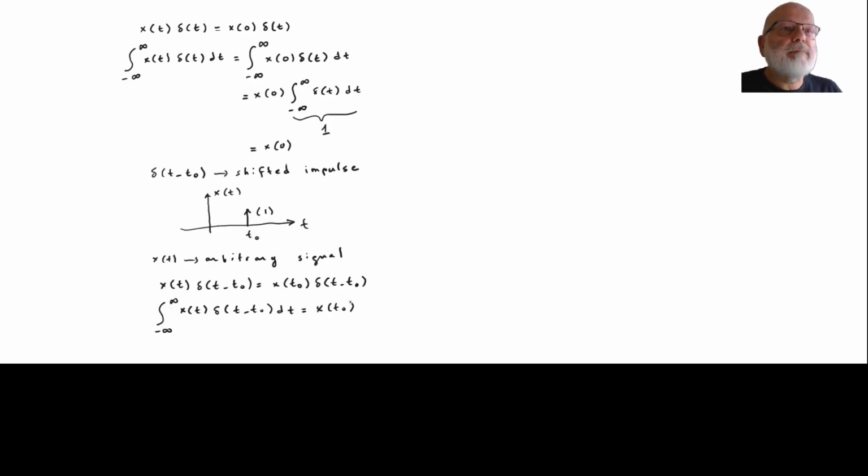And at that time instant, it has infinite magnitude, such that still the area under the singular pulse, which is named as the impulse, is equal to unity. Okay.